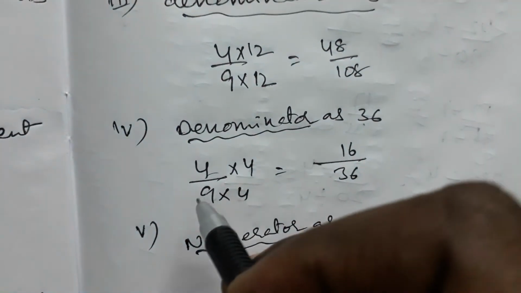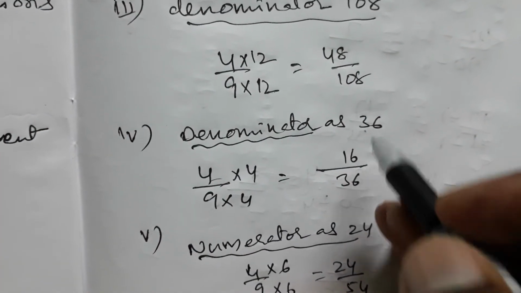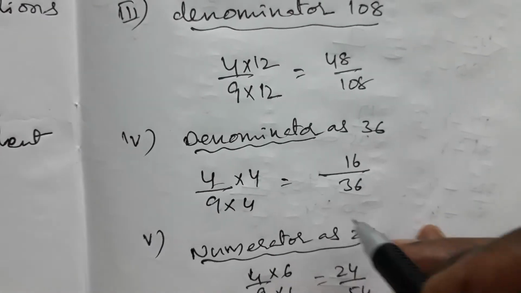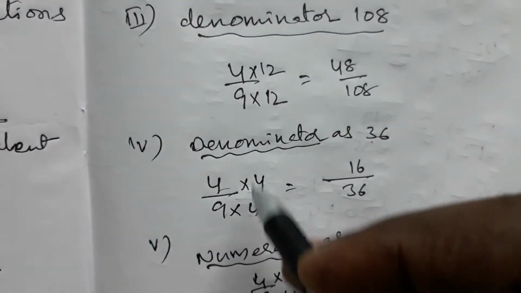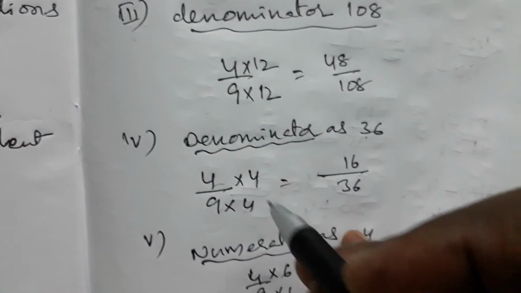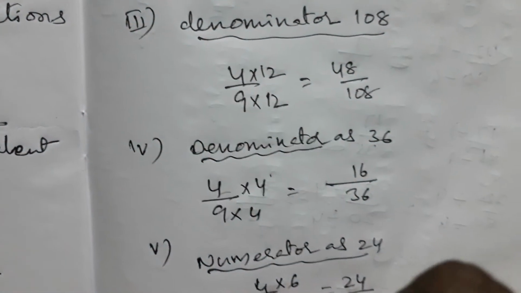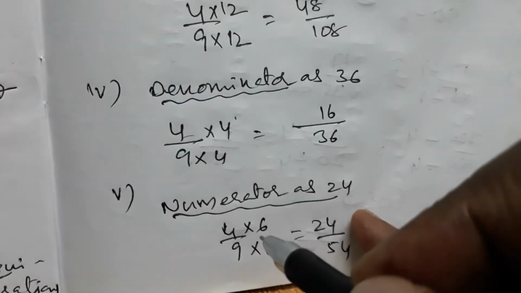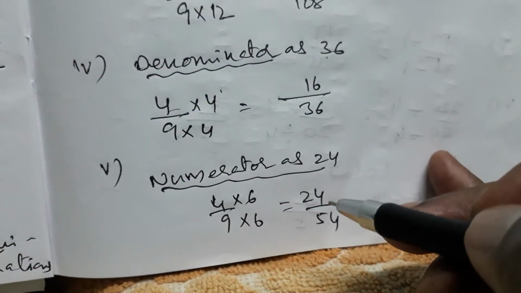Then only for this 9 you multiply 4, then only you will get the given condition, denominator 36. Okay. Then you want an equivalent fraction to 4 by 9 now. So to get an equivalent fraction, what do you have to do? Multiply numerator and denominator both with the same table now. So when you multiply 4 table, here also 4 table. Then only you will get an equivalent fraction to 4 by 9. So then you will get a new fraction that is equal to 4 by 9.